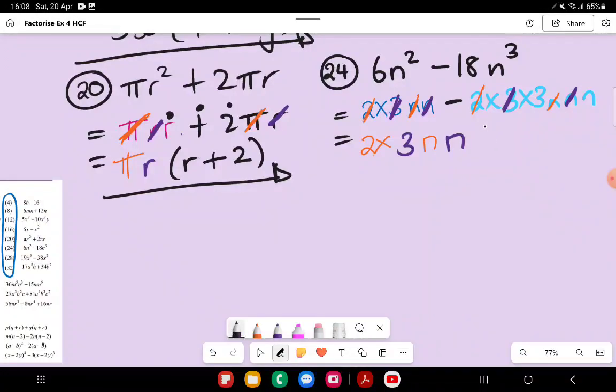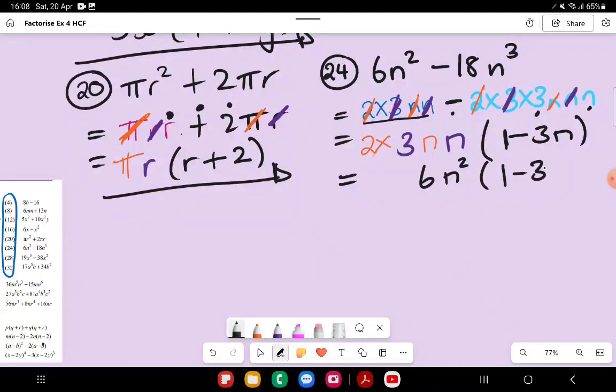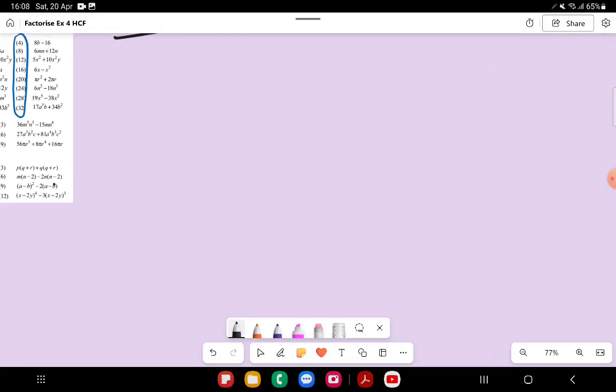What are we left with? Over here, everything is gone, so there's 1 in its place. Minus 3n, close bracket. Simplify, 2 times 3 is 6, n times n is n squared, bracket 1 minus 3n. That's question 24.